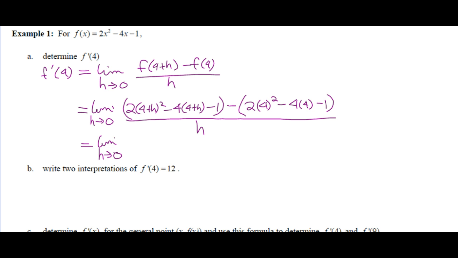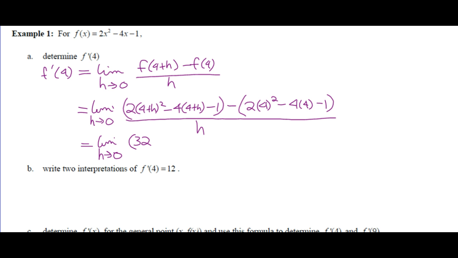And now we need to expand this. So what do we get? How much detail do we want to show? Well, 4 plus h squared is what? 16 plus 8h plus h squared, then that's all multiplied by 2, right? So it's going to be 16, so we'll make that 32.